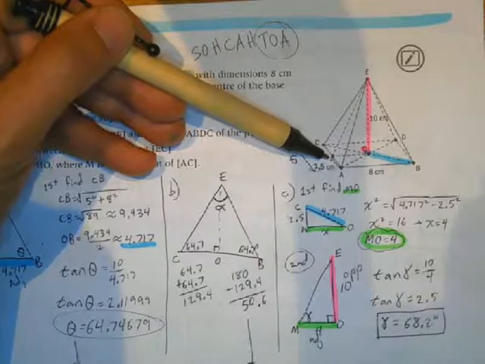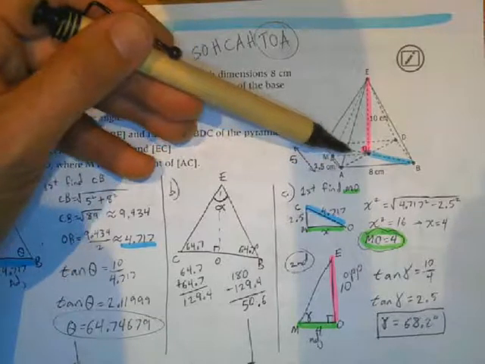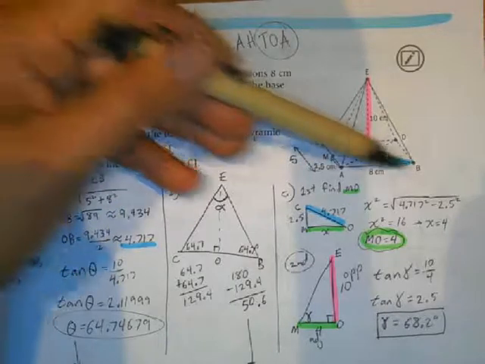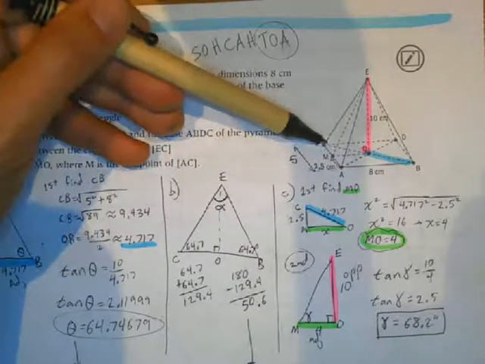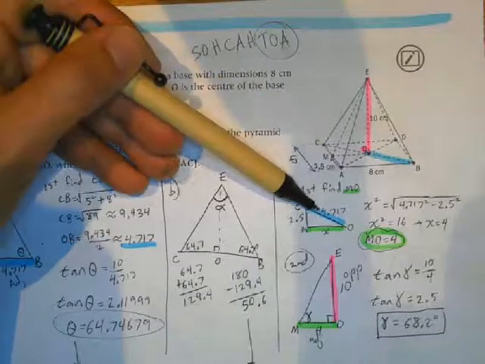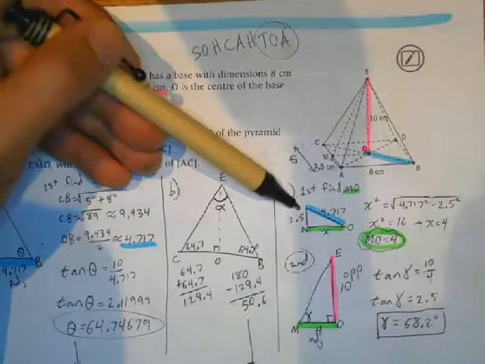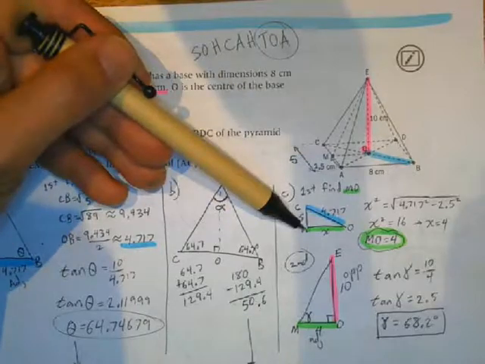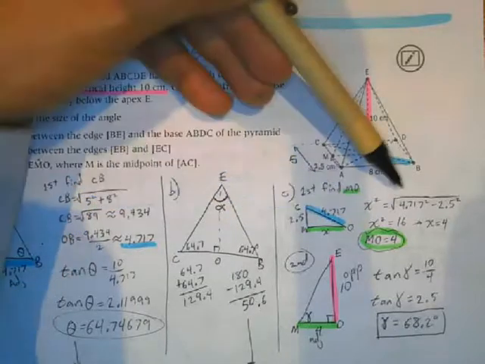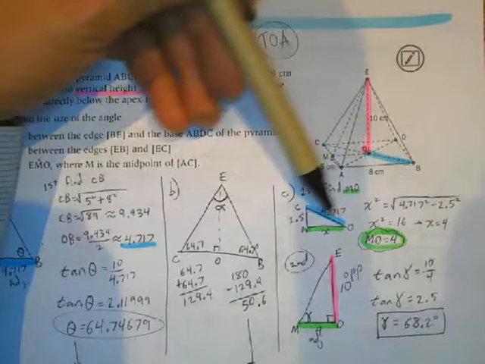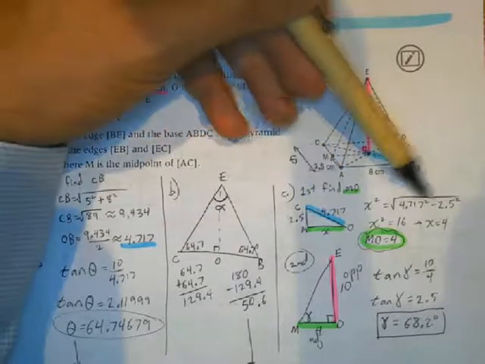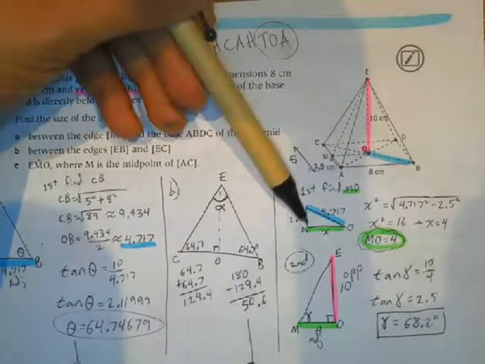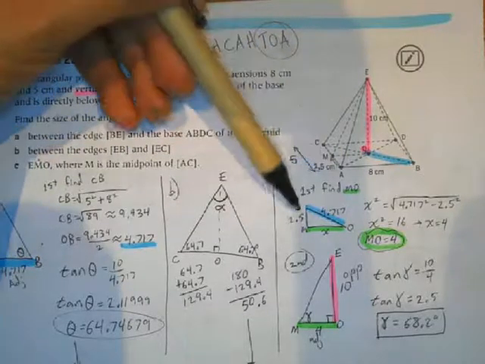So we know the length of the blue line, so from C to O is the same as from O to B. So the length from C to O is 4.71. We know that's 2.5. We need to find M to O using Pythagorean Theorem. I can do 4.71 squared, which is the hypotenuse of this smaller triangle here of CMO, and we know that's 2.5.